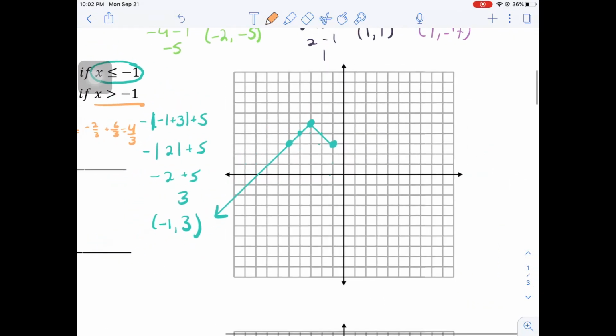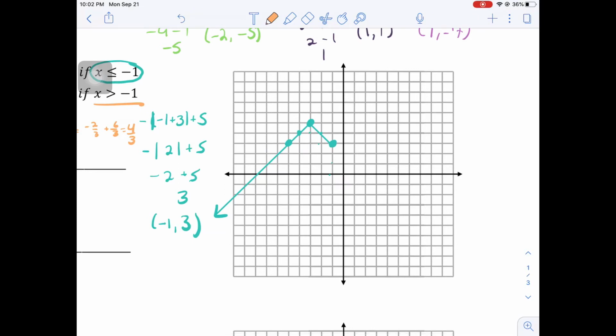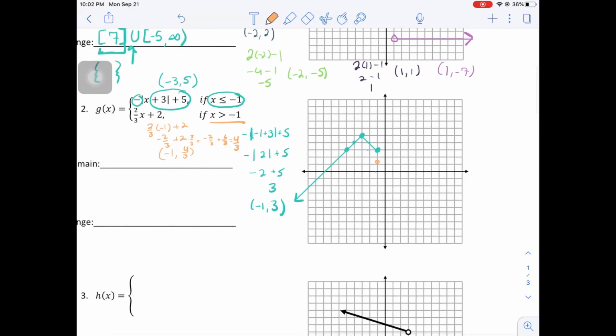So then we go -1, and then 1 1/3 would be right here. And then to follow that slope, it's +2/3. Okay, so that means we're going to go to the right 2, 1, 2, and then up 3, 1, 2, 3, puts us right here. And then we just graph that. So it should look something like this.